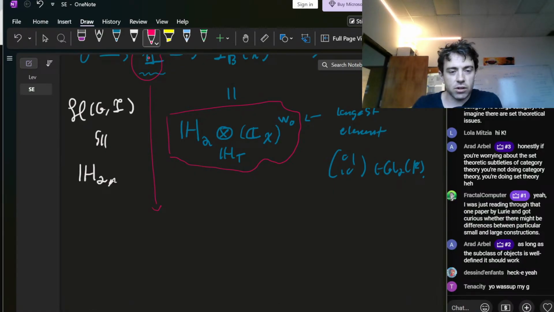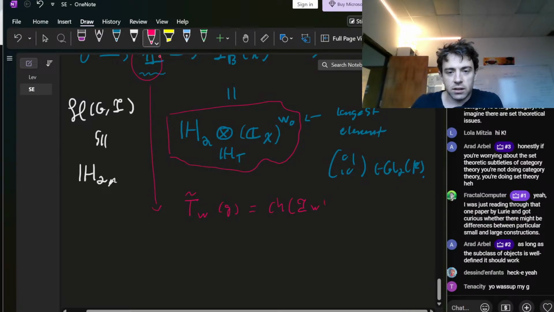So the Hecke algebra should be generated by functions where this should just be the characteristic function of I, w_i, and it gets a little more complicated for these other words.